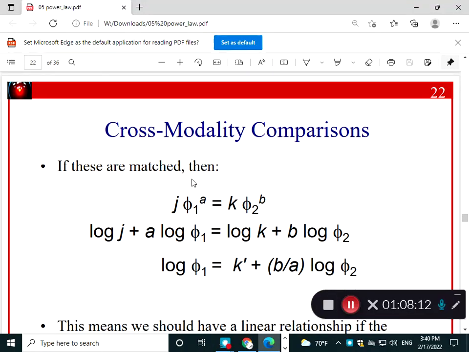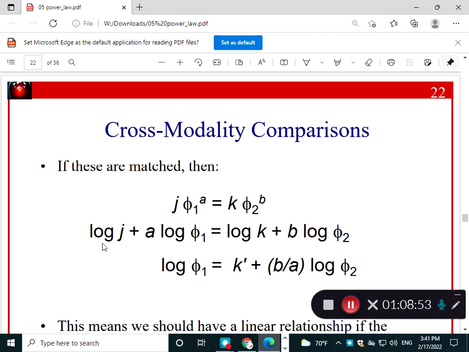First, you have 2 psychophysical power law expressions: J for physics 1 with power a, and physics 2 is constant K with power b. So now I have 2 psychophysics. Say I'm trying to let you use the optic flow or the tilt of gravity to judge your speed. This is sensation 1, this is sensation 2, and I want you to use one sensation to calibrate the other sensation. That's why it's called cross modality.